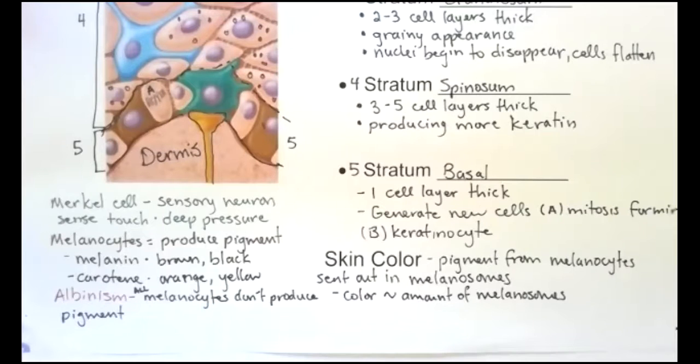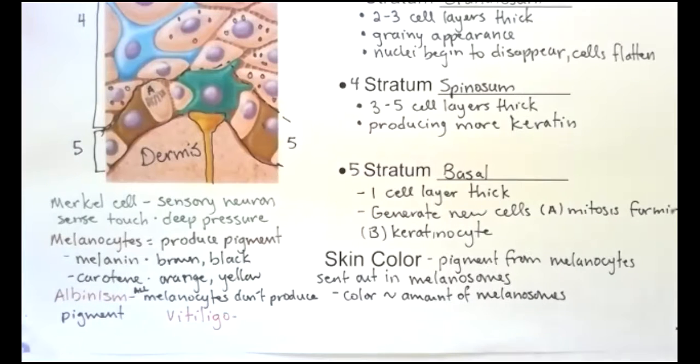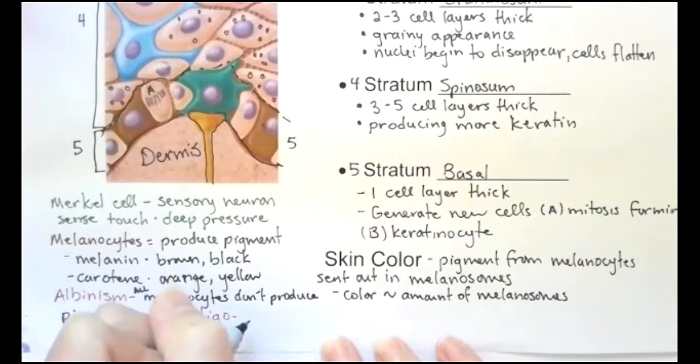If you have part of your melanocytes that work and part that don't, you can have a condition called vitiligo. With vitiligo, melanocytes quit producing pigment in areas only. It's splotchy.